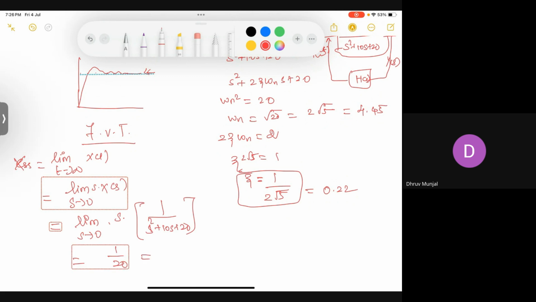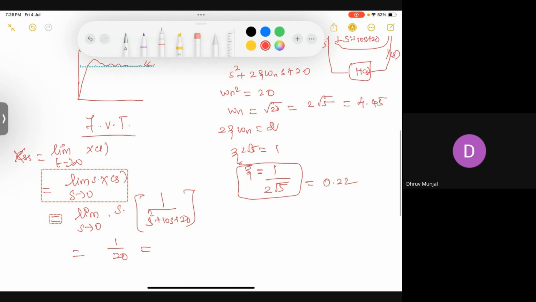So this is similar to 0.05. So your steady state value, after reaching some point, will become 0.05. Right?